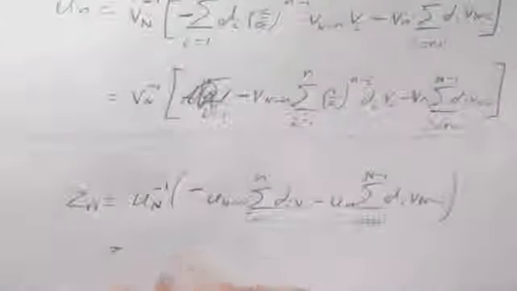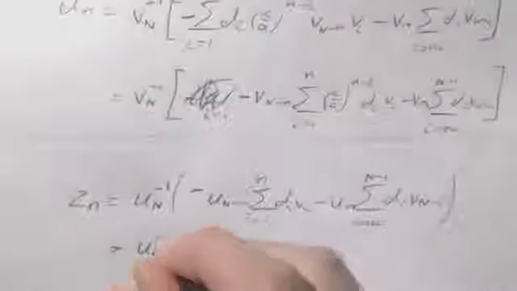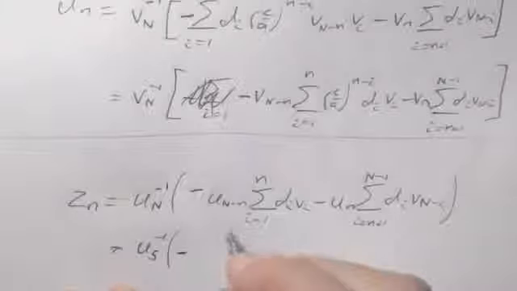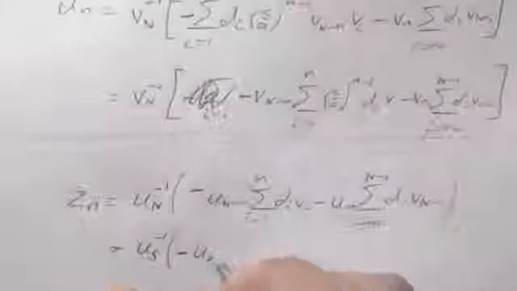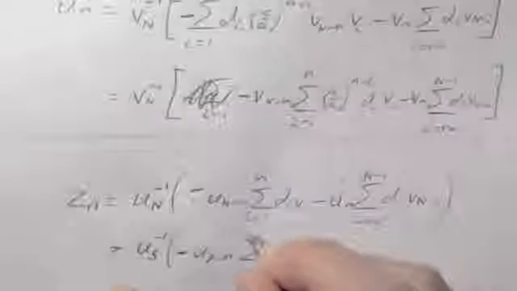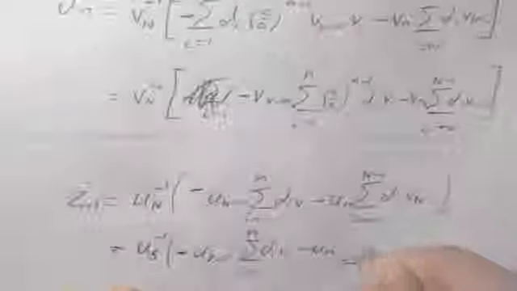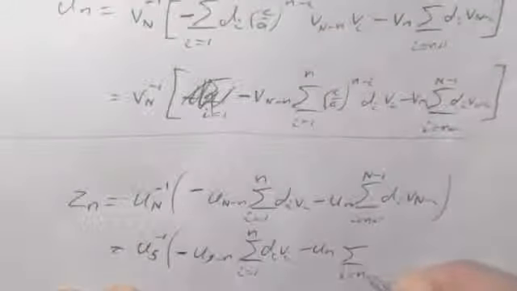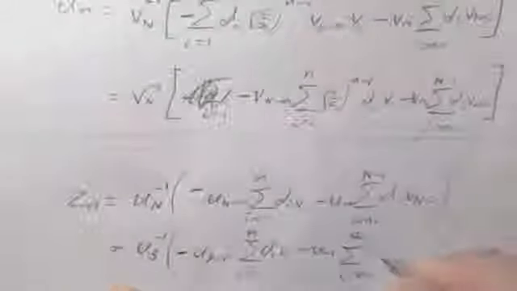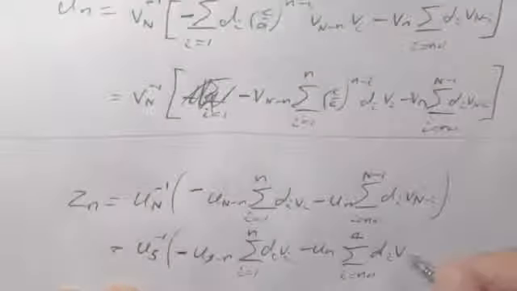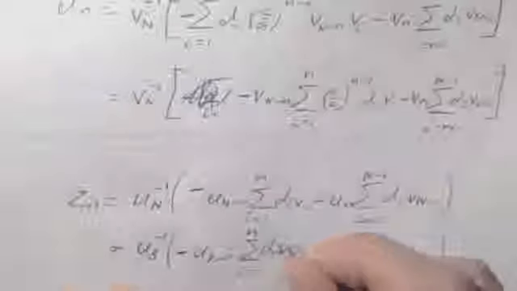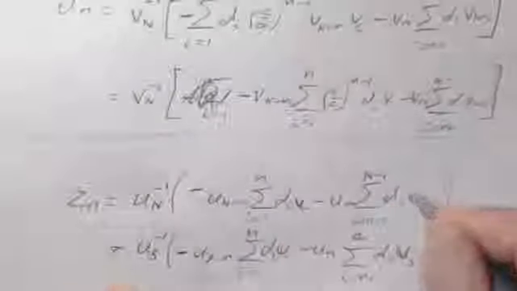So this is u5 to the minus 1, plus minus u5 minus n, sum from I equals 1 to n, di vi minus un, sum from I equals n plus 1 to 4, di v5 minus I, not u, not v's. These are all u's, not v's.